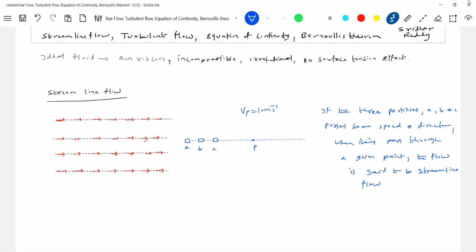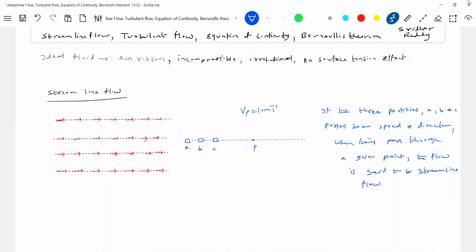This is one basic condition. Any particle that passes through a point must have the same speed. They can have different speeds here, but if they pass through a point, they must have the same speed. That's the meaning of streamline flow here. Okay, later we'll define streamline flow by another definition.